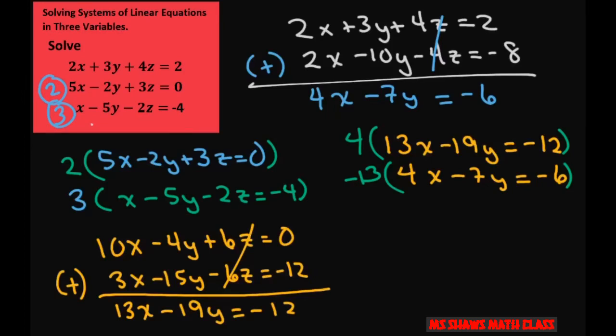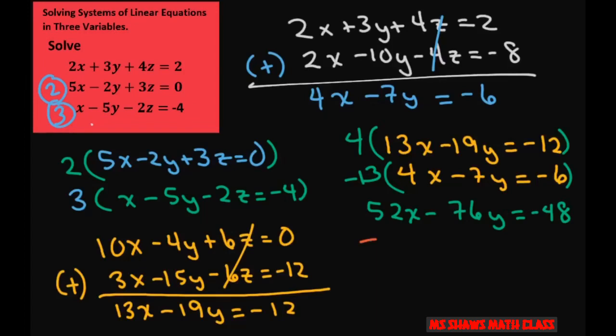I'm getting my calculator out here. So it's going to be 52x minus 4 times 19 is 76y equals negative 48.